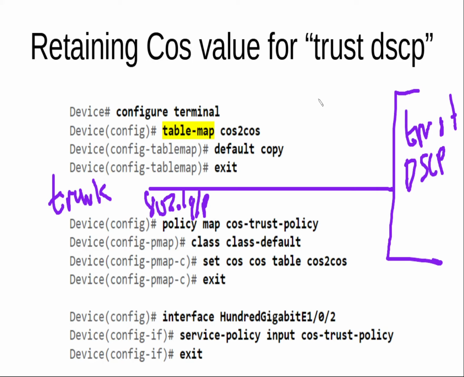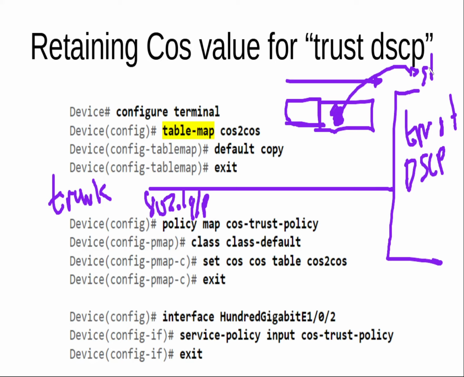So for every single packet that arrives to my switch, I am going to examine the DSCP value, and I'm going to use it. So I am going to store this DSCP value, and I'm going to set an internal cost value to 0. I am not trusting cost, I am trusting DSCP.